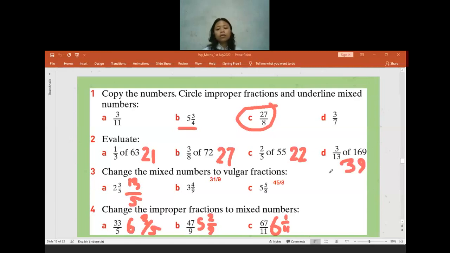If I divide 33 by 5, I will get the answer 6, right? 6 times 5 equals 30. And then I have the remainder 3, right? The remainder will be the fraction. So I have 6, and the remainder 3 will be 3 by 5. The denominator will follow the fraction given.